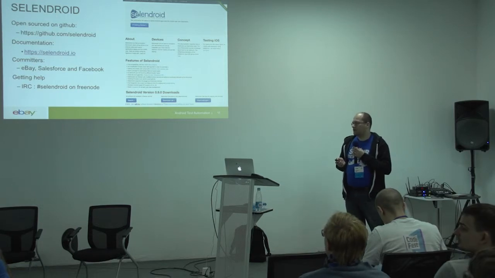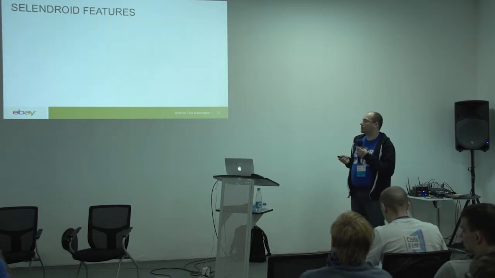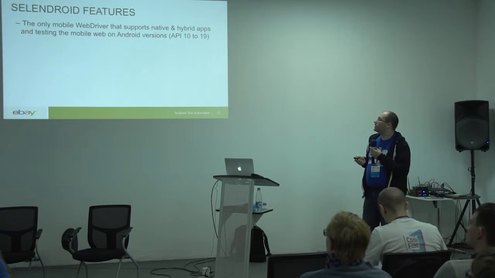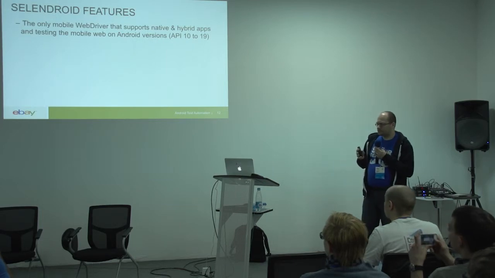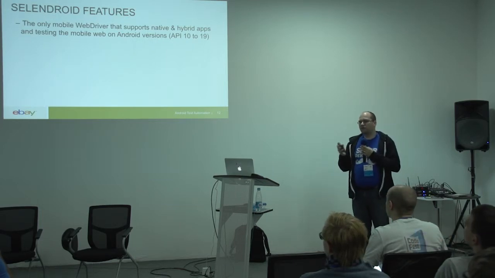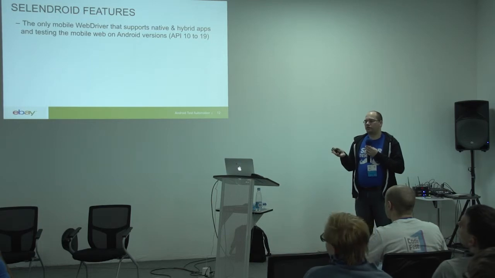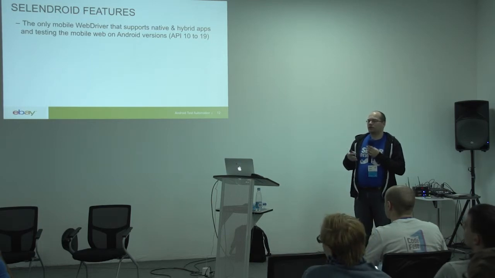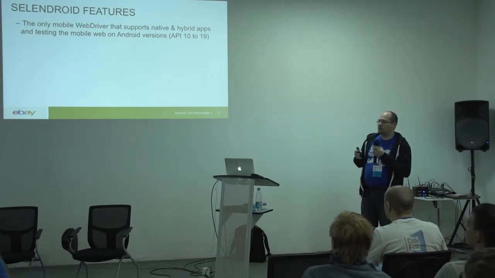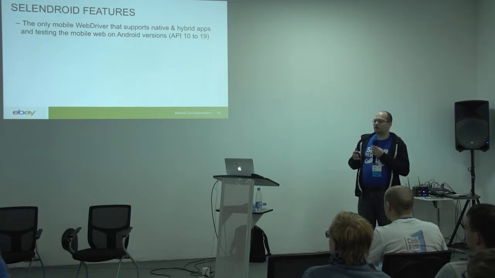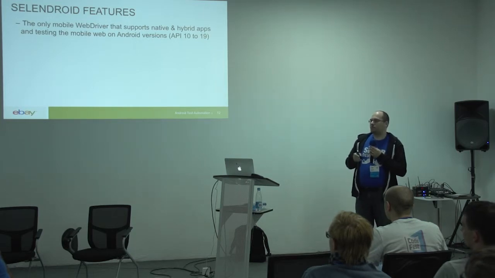And in general, how does it work? So there are the features, of course. There are also other mobile web drivers available. For example, another framework is called Appium, built by the guys from Sauce Labs. But the difference to this framework is really that Selendroid is the only platform where you can test native and hybrid apps from API level 10 to 19.